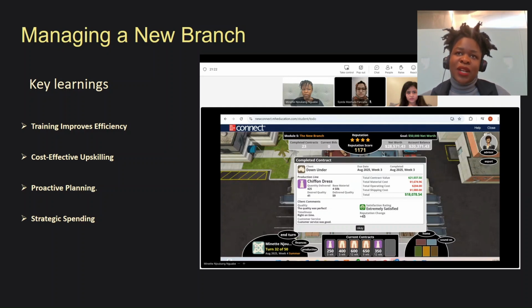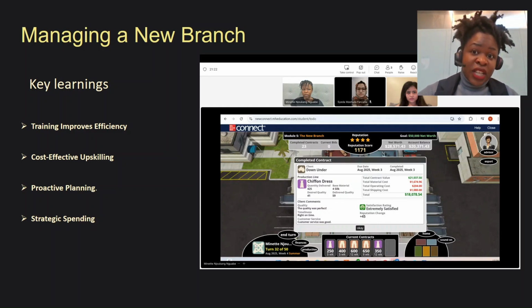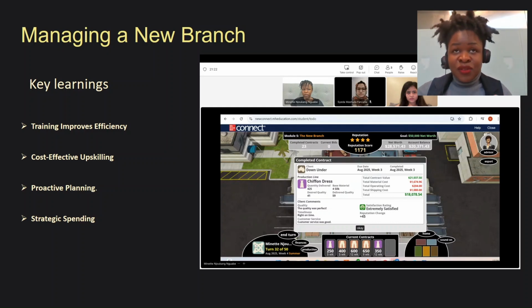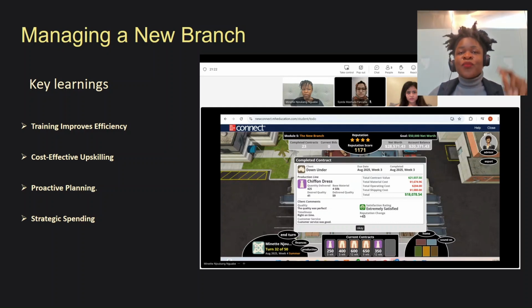Proactive planning was one of the strategies we used in this module. What happened was we bid on contracts, knowing that we were going to get these contracts because our reputation was probably higher than the reputation of the client we were bidding to.